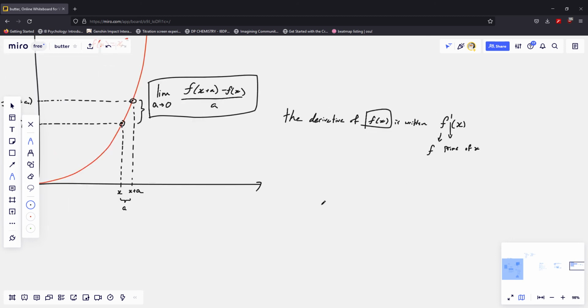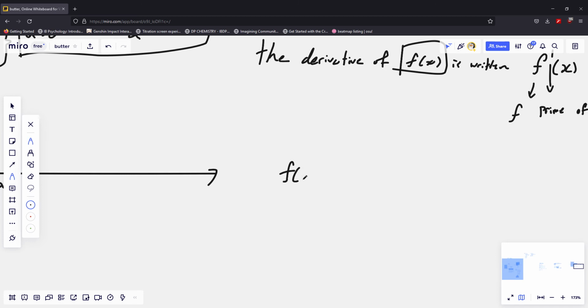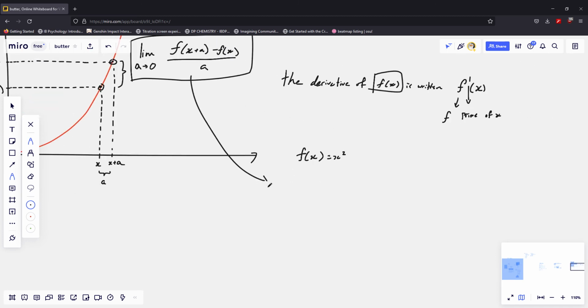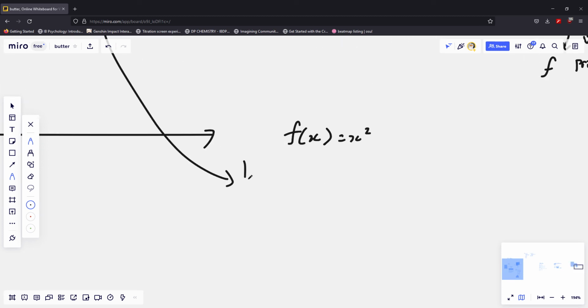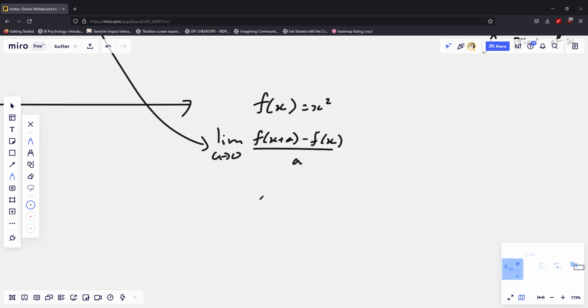To give you an example, let's use what we found last time. Last time we said, let's say f of x is x squared. Let's use this definition to find the derivative of f of x. I'll write it out again. So, let's replace f of x with x squared. So here we have x plus a squared minus x squared over a.